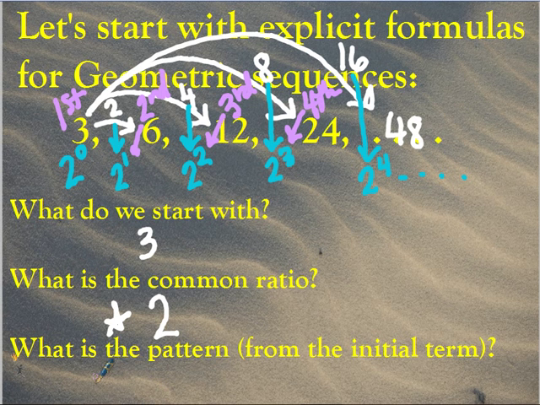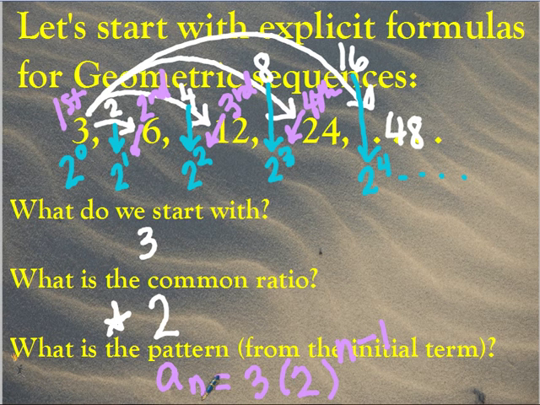So the pattern is we're taking the common ratio to a power that's 1 less than the term number. If I want to get to the 50th term, I would multiply 3 by 2 to the 49th power. So to get to any term in my sequence, I'm taking my initial term and multiplying that by my common ratio to a power that's 1 less than the term number I want.